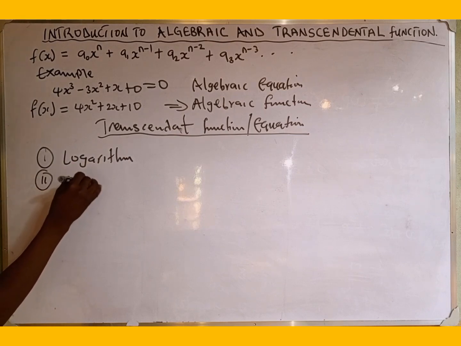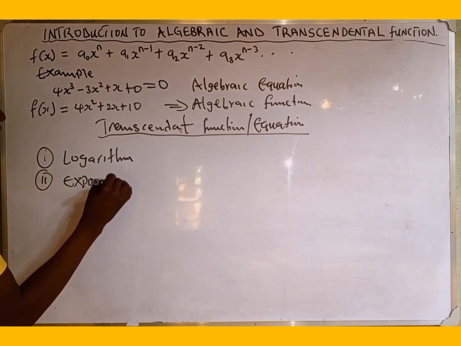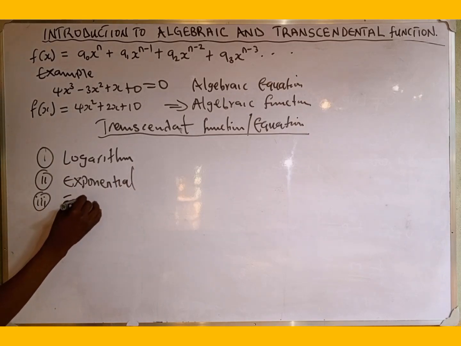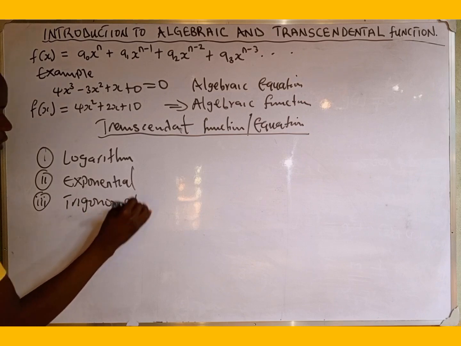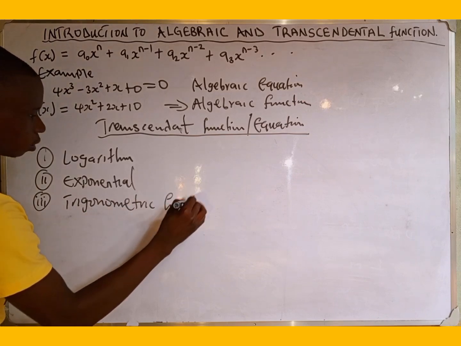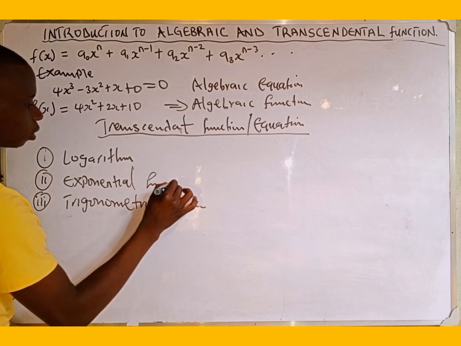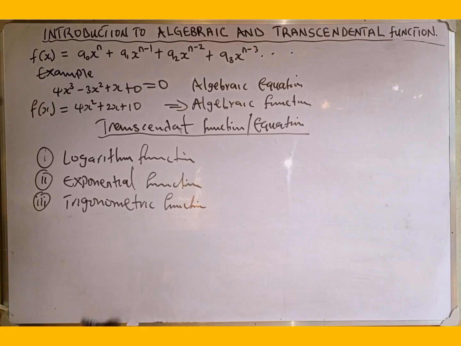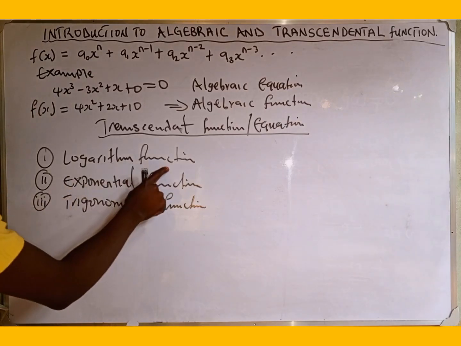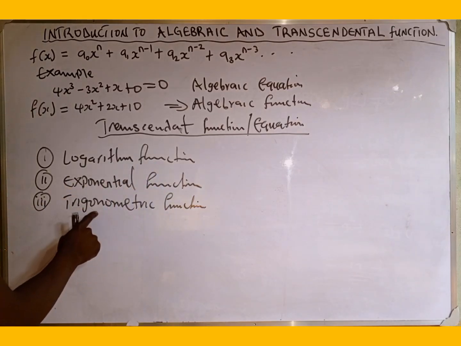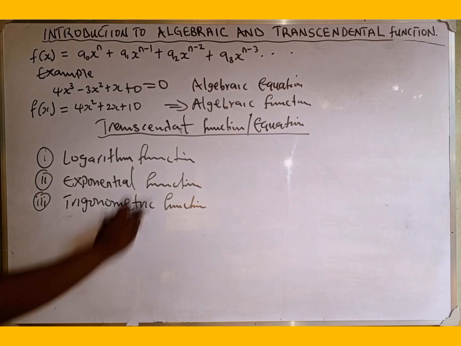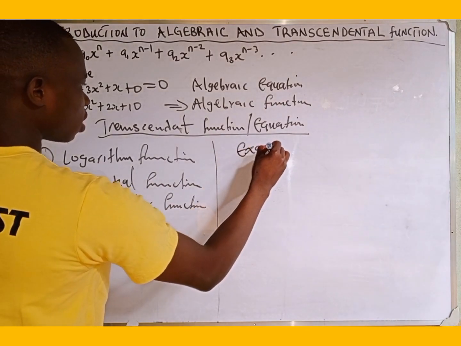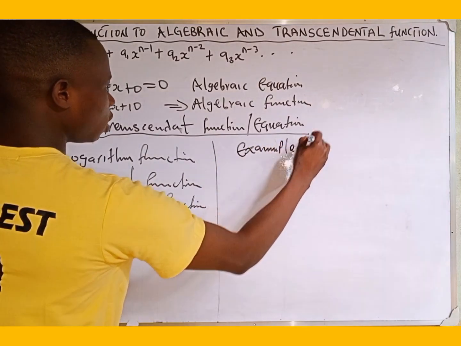Number two, exponential function. Number three, trigonometric function. So any equation that contains logarithmic function, exponential function, or trigonometric function is said to be a transcendental function. Now let us look at examples of transcendental function or equation.